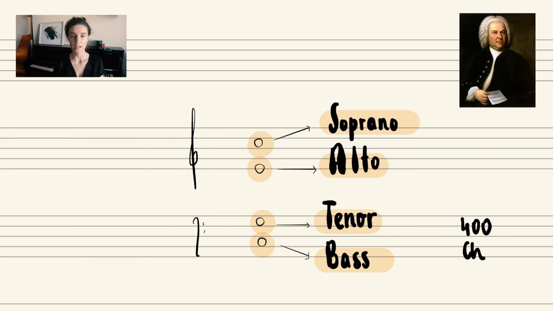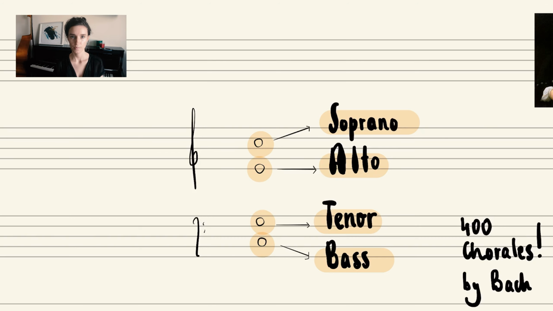They are pieces that are written for the choir, and therefore they are written for 4 voices, and they follow a set of principles. The following composers in the following centuries were very often looking back to Bach's chorales for a suggestion on how to write good chord progressions and good harmonies.